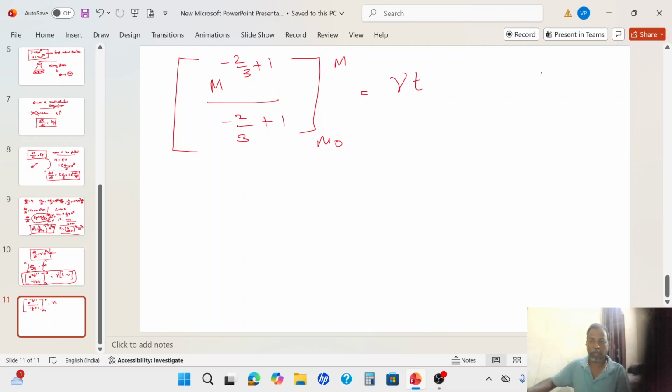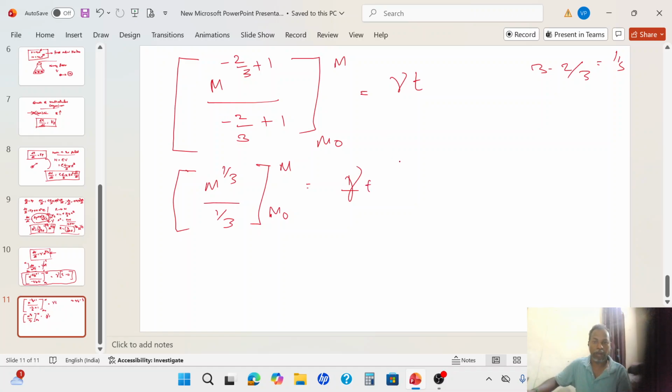Then substituting, minus 2 by 3 plus 1 is 1 by 3. Hence, m power 1 by 3 whole divided by 1 by 3, with the limit of m naught to m, is equal to gamma t.